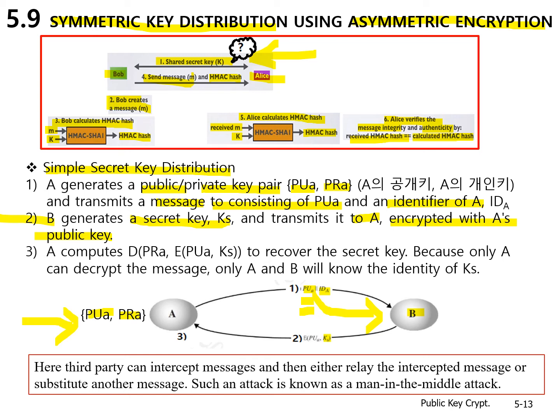So he encrypts KS, the session key he generated, with the Alice public key received from Alice and sends this to Alice.